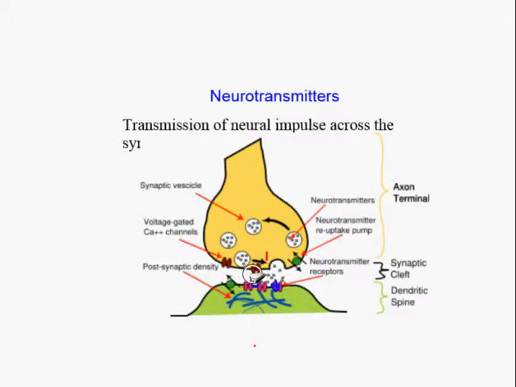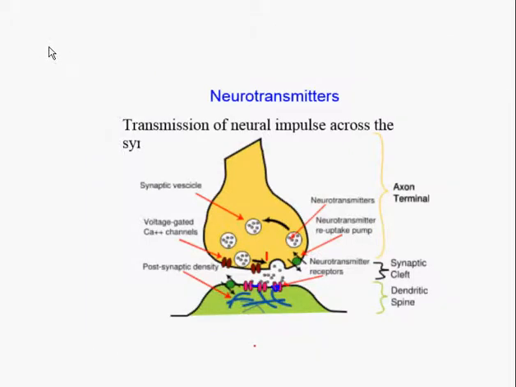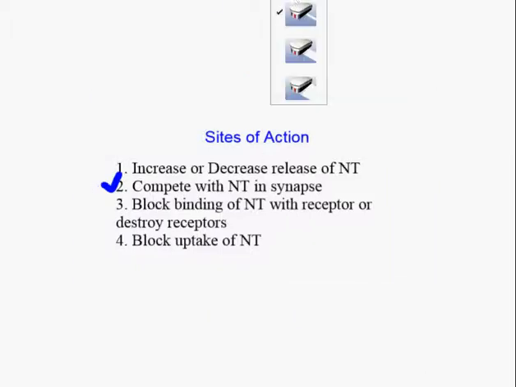Let's go back and see what the third possibility is. Okay, third possibility: what if we get somebody who blocks the receptors? Then the neurotransmitter would not work very well at all.